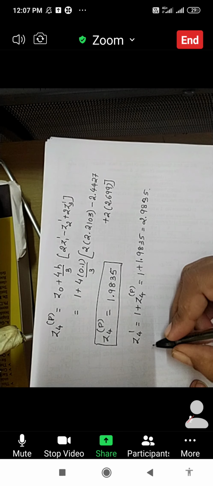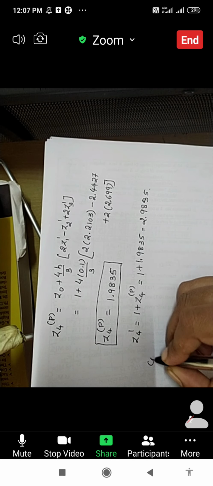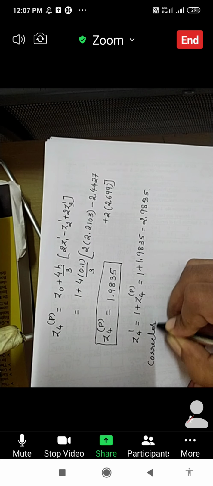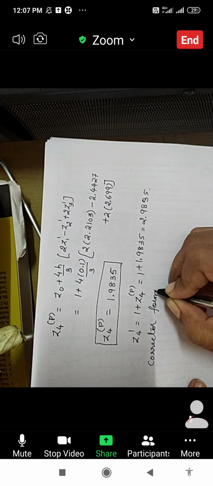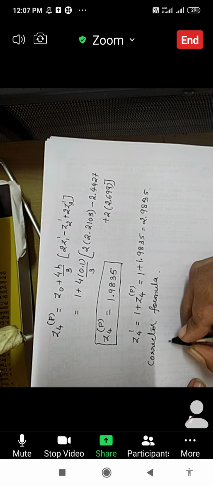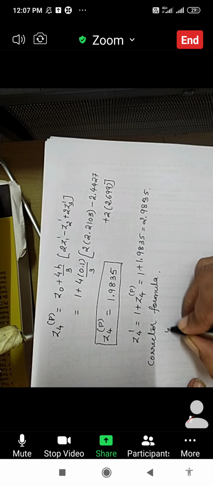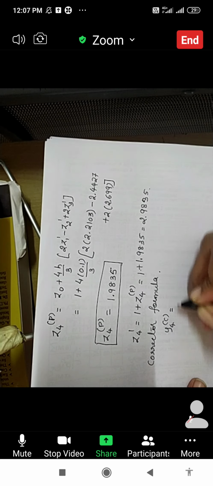After this, we have to apply the corrector formula. What is the corrector formula? First, we apply it for Y4C.